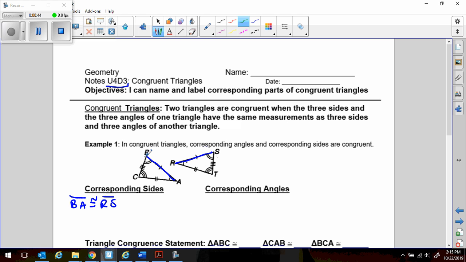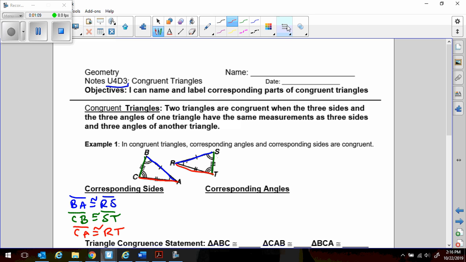Do you guys see CB has 3 dashes, so that's going to be congruent to ST, 3 dashes. CB is congruent to ST. And then also the red side, 2 dashes, CA is congruent to the red side, 3 dashes, RT.